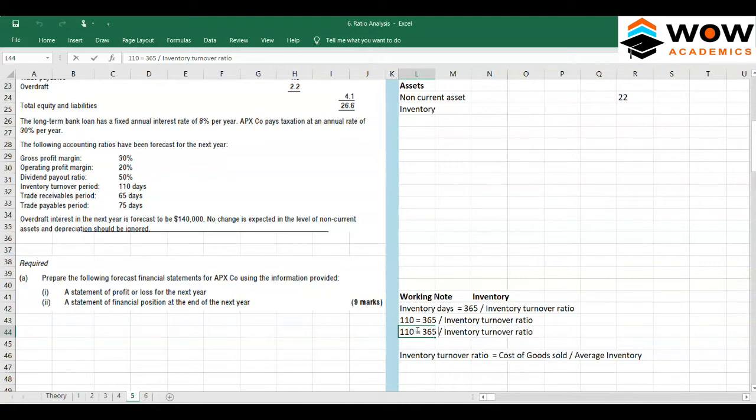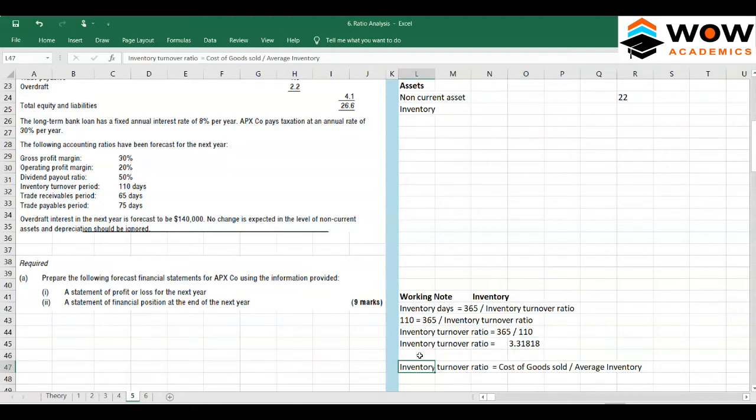The inventory turnover ratio will go to the other side and become a multiplication, and this 110 will go to the opposite side and become a division. Now we can easily get the answer. The inventory turnover ratio is 3.38.